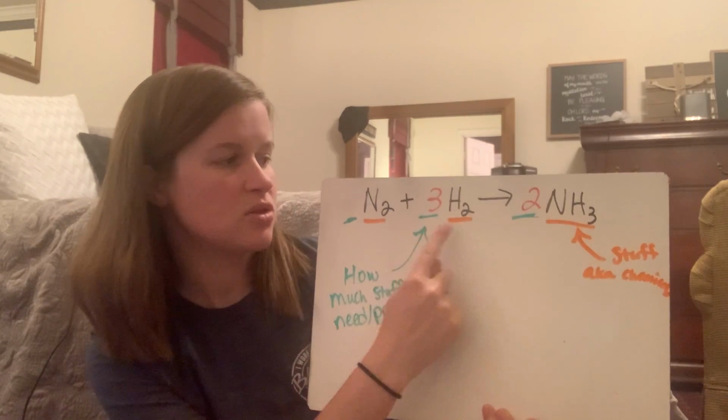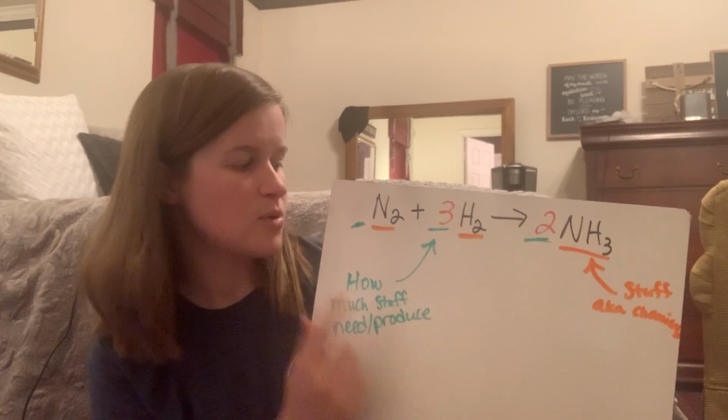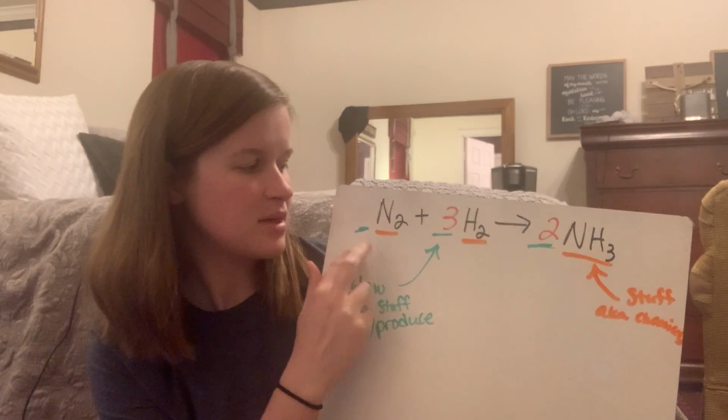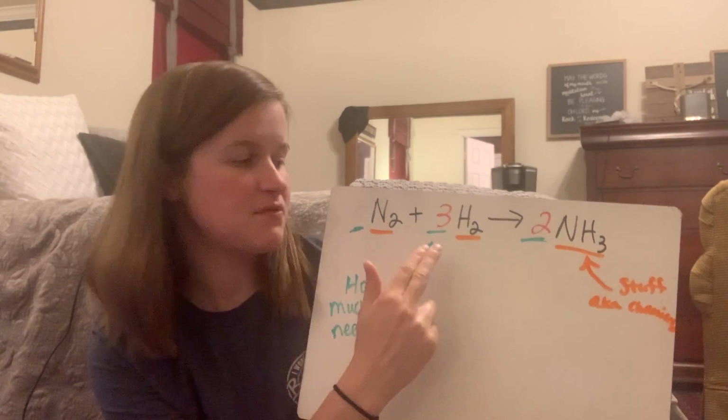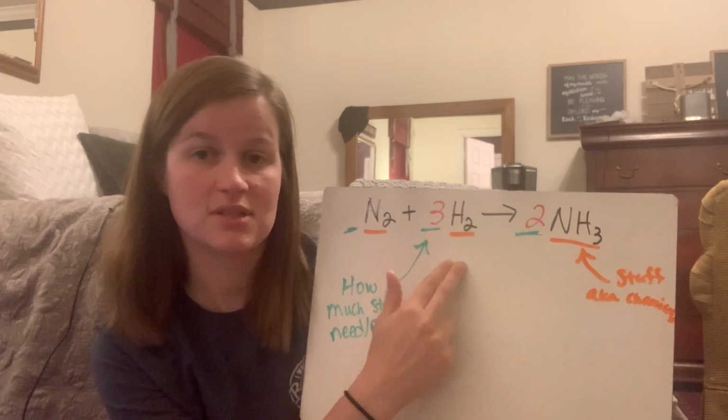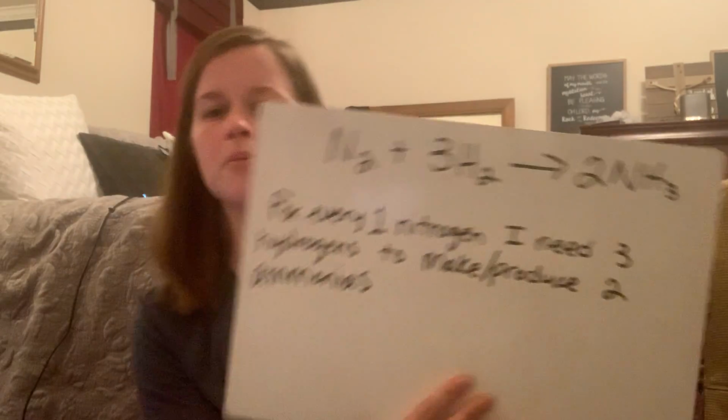So this is a 1 to 3 to 2 ratio. So if I doubled this and made it 2, then I have to double this to keep the same ratio, 6, and that would be 4. I'm going to write it out for you in just a second. But before I do that, we're going to break it down.